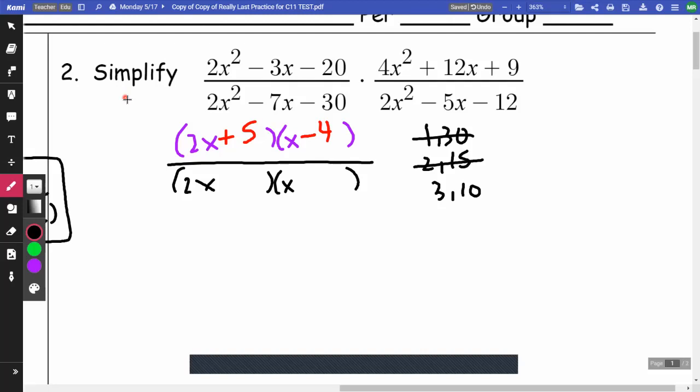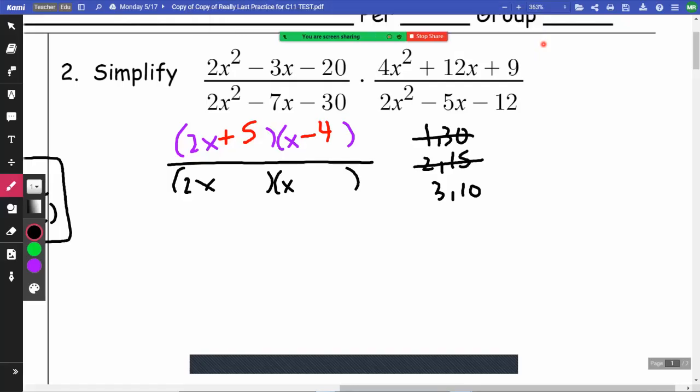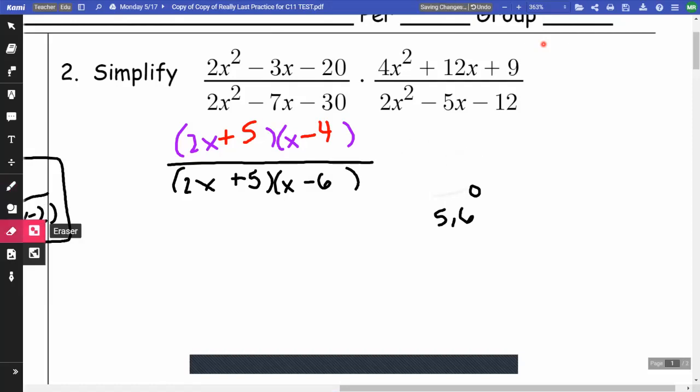The 3 and the 10 aren't going to work, but I also have a 5 and a 6, right? So I'm thinking 6 here, because that'll give me a 12, and then a 5 here, because that will be a 7. And again, you can do a box to diamond if that's easier for you.